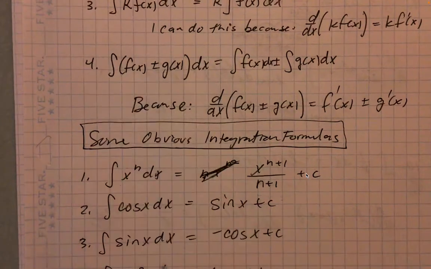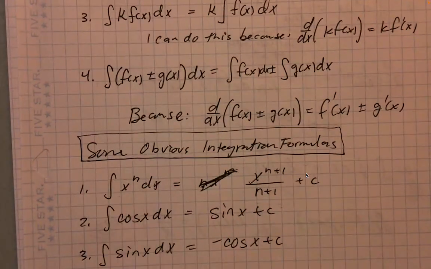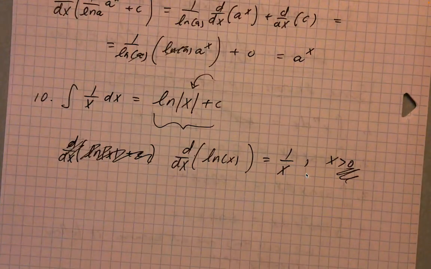But 3, 4, and then the first integration formula, now you're able to integrate all of the polynomials, the entire space of polynomial functions. That's a lot of functions right off the bat, day one. Okay, so let's do some examples here. We'll finish up this lecture with some nice examples.